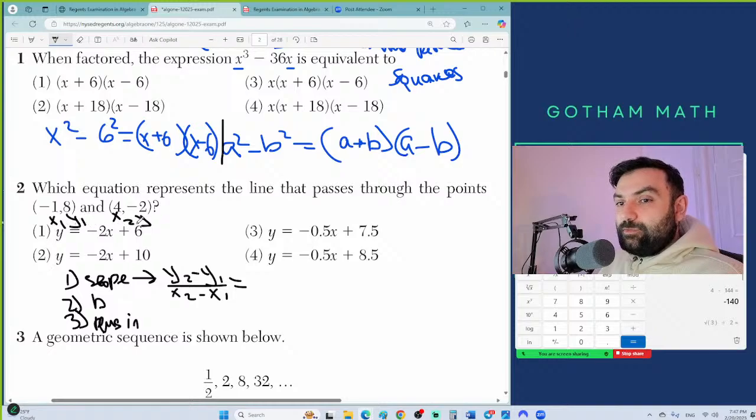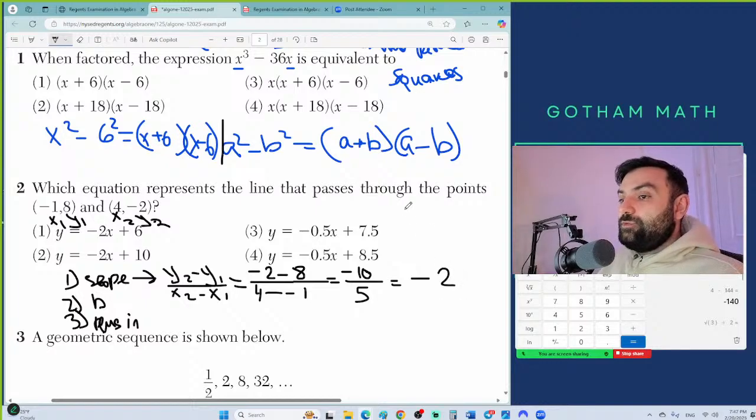1, 1, 2, 2, which is -2 minus 8 over 4 minus 1, which is -10 over 4 minus -2, which is 4 plus 4 minus -1, which is 4 plus 1, which is 5, which comes down to be -2.